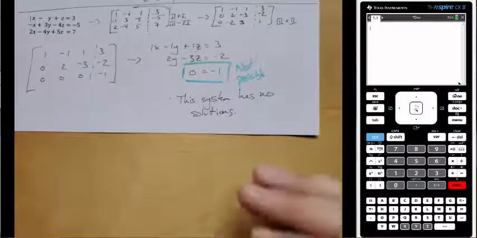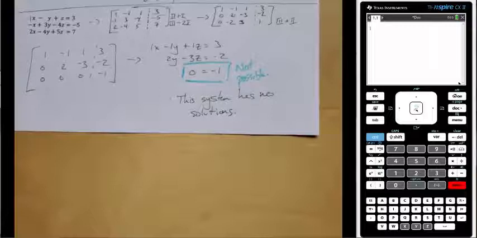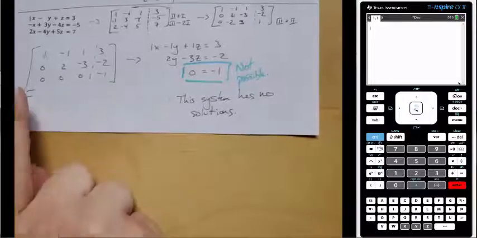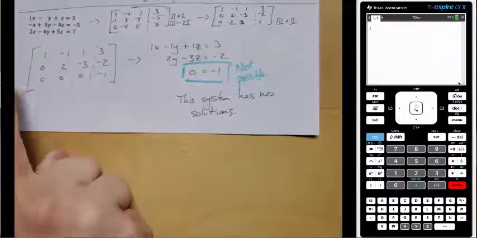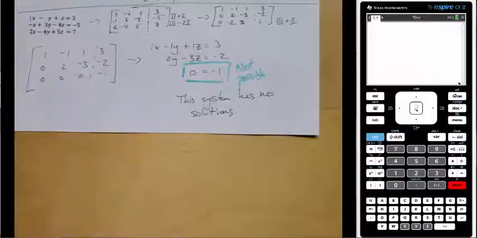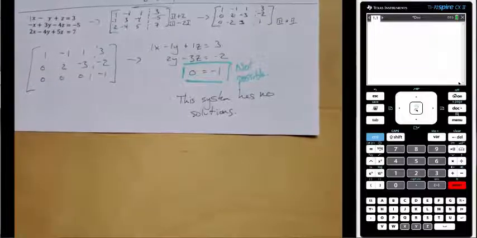Another reason to use matrices is that you can check your work. If you have systems where you have all the coefficients defined, then your calculator can row reduce for you very quickly. And I'd like to remind you how to do that. To do that, we need to create our original coefficient matrix on our calculator.